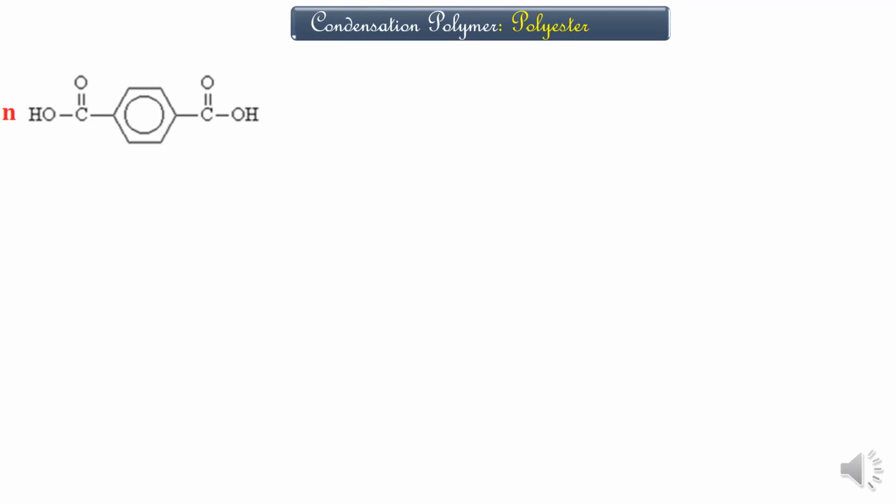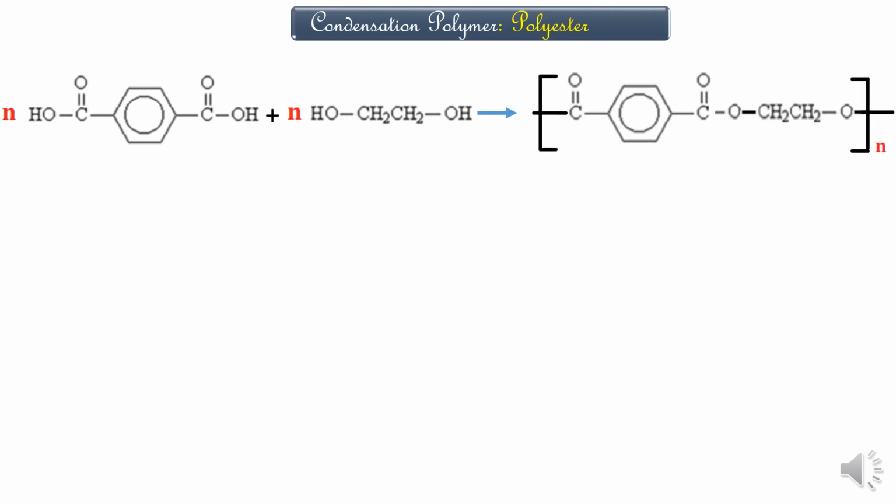Again, get an example. Here is a dicarboxylic acid and here is a diol. Equation. After the dicarboxylic acid loses OH from both sides, the remaining portion would be CO, the middle portion, then O, CH2, CH2, O, and bracket and n.